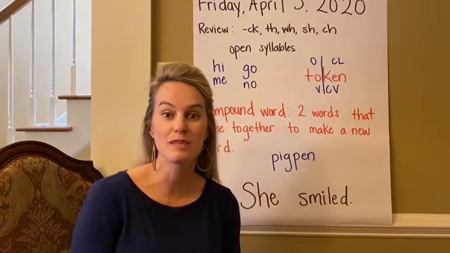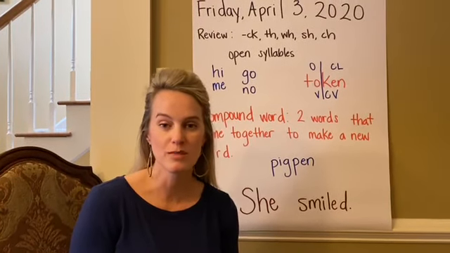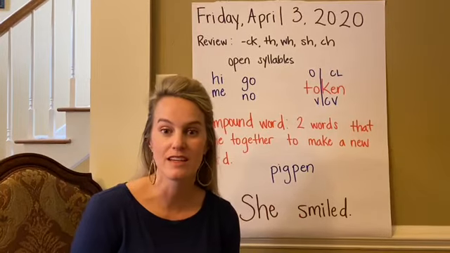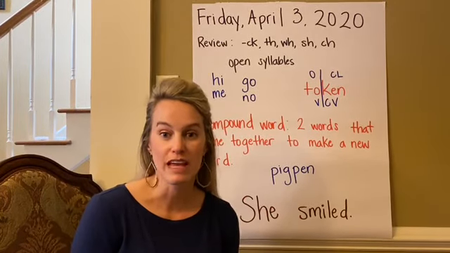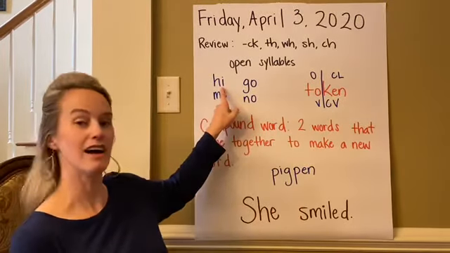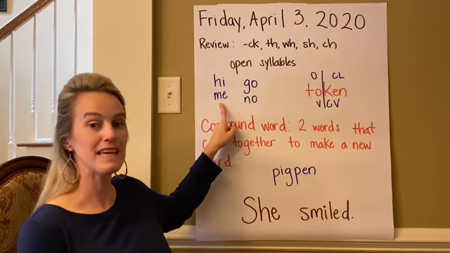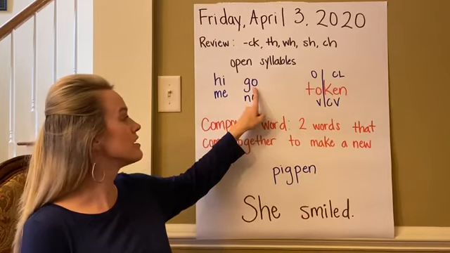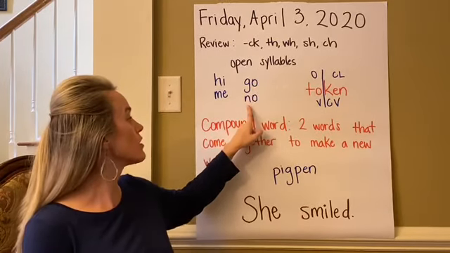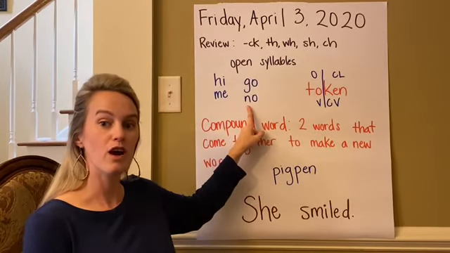Now let's review open syllables. Remember, an open syllable is a word that has a vowel at the end of it, and the vowel says its long vowel name. Like hi, I, me, e, go, g, o, or no, o.